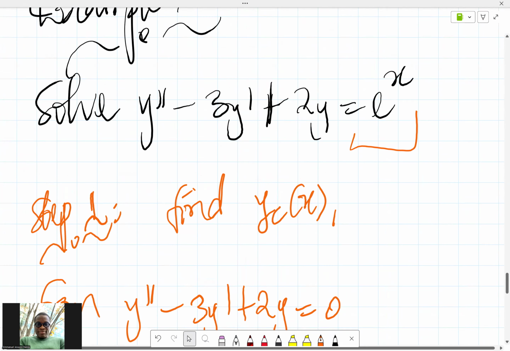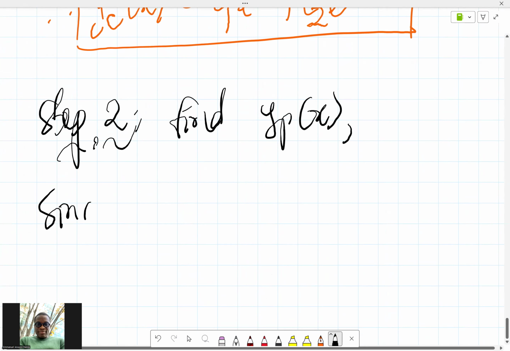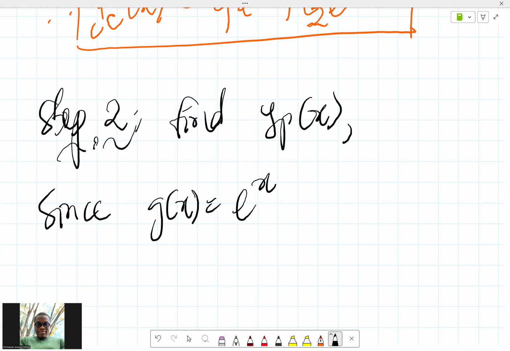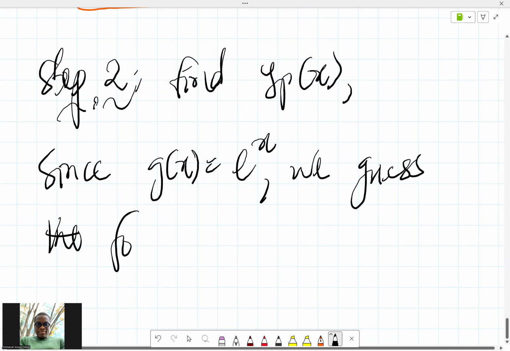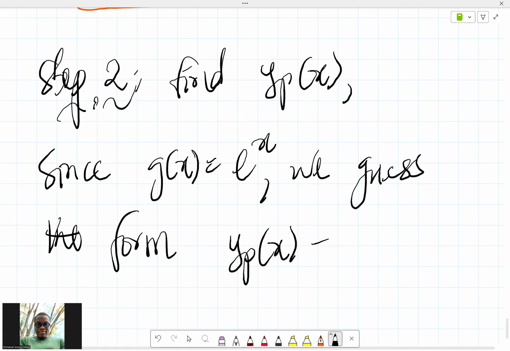Since g of x, that's the right hand side, is equal to e raised power x, we can guess the form yp of x is equal to an undetermined coefficient A times e raised power x. Now, this is what we should do normally.